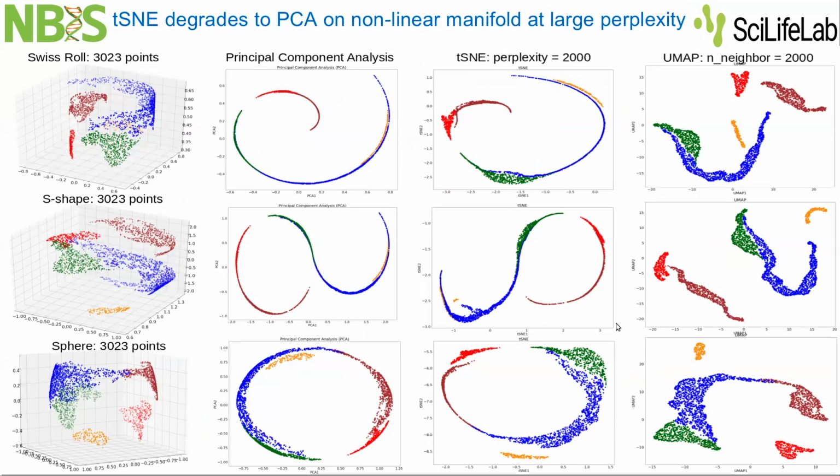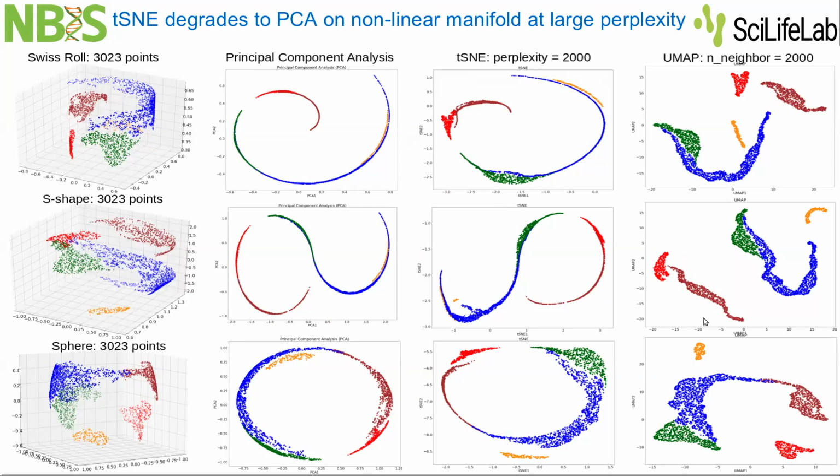So just another few demonstrations that please be careful with large perplexities. Here for these more complex nonlinear data sets, we know that PCA doesn't do a good job. But also t-SNE at large perplexity gives you pictures more or less identical to PCA, if you use PCA as an initialization, like I used here.